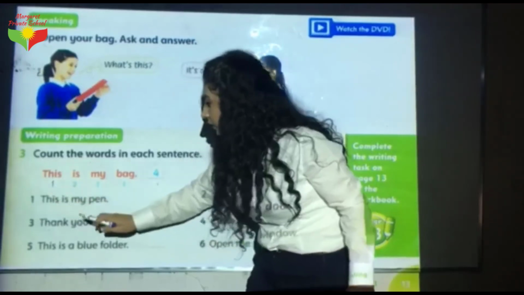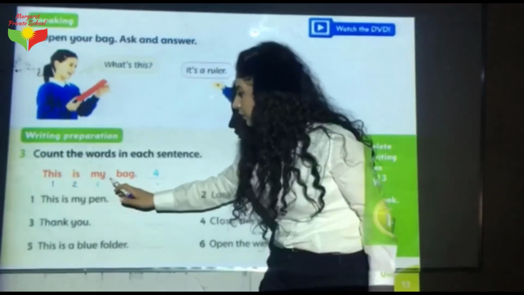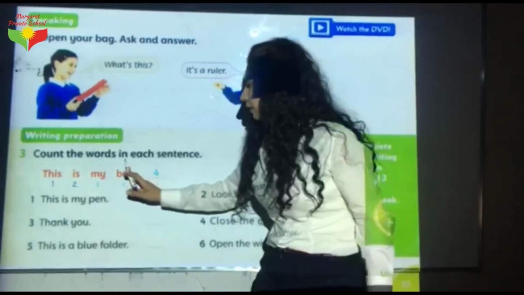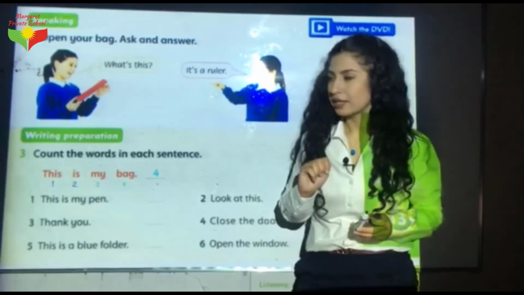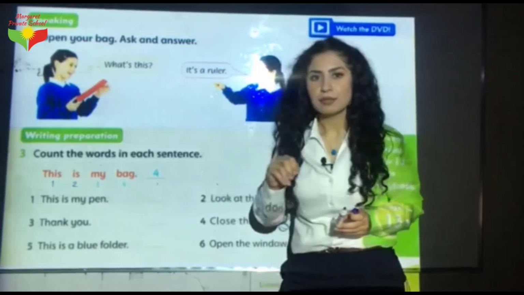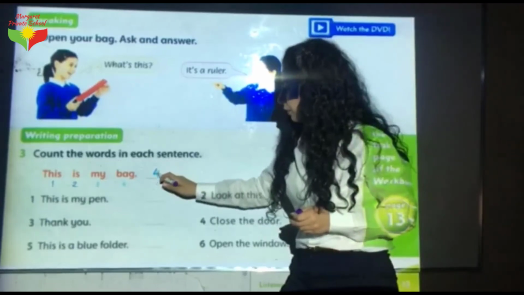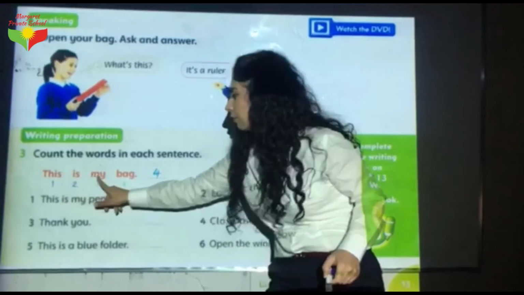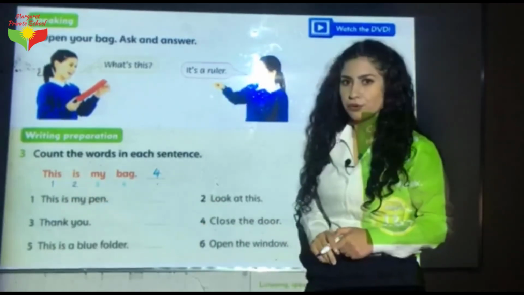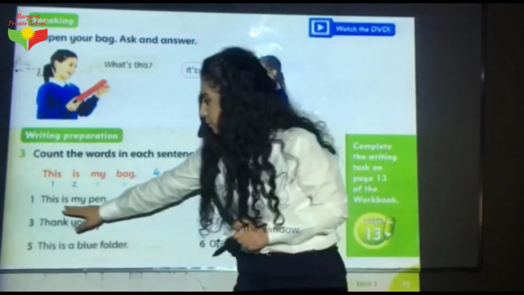We should write one. Is 2 word, 3 word, 4 word. So in this sentence we have 4 words. So we should write 4. 1, 2, 3, 4. 4 words.